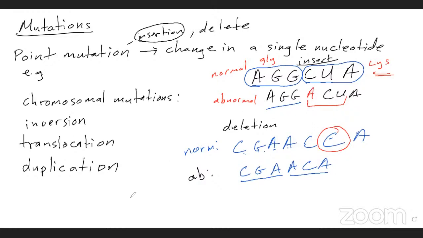With inversion, this is on the chromosome now. So let's say I have 2 chromosomes. So there's a portion of a chromosome, and the next portion is here.